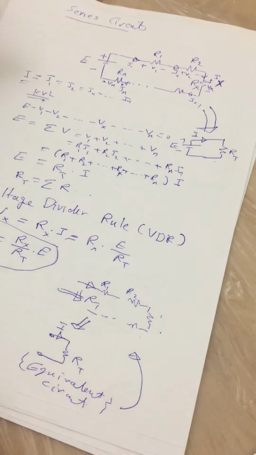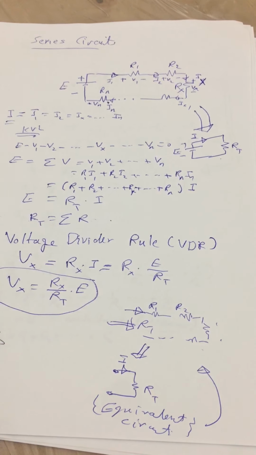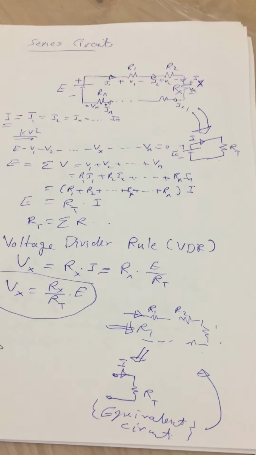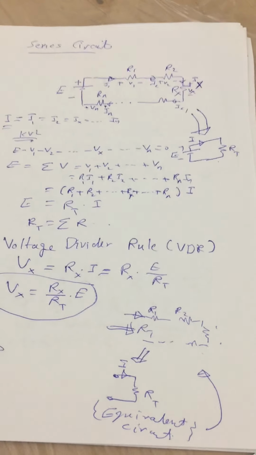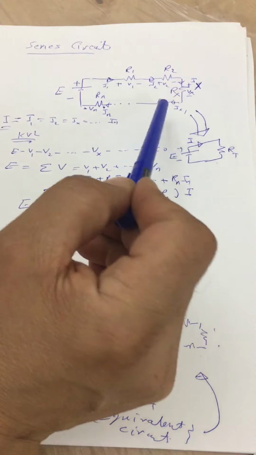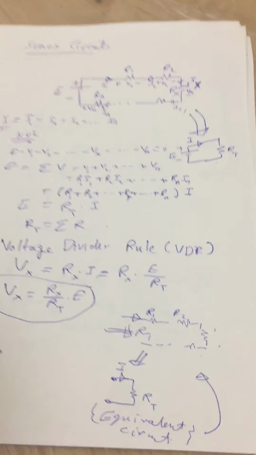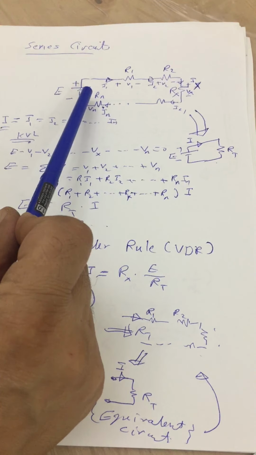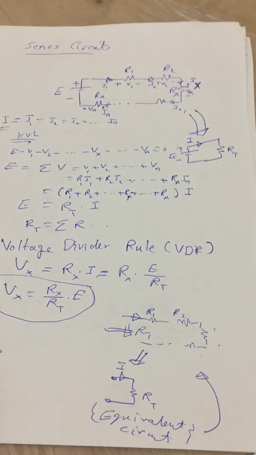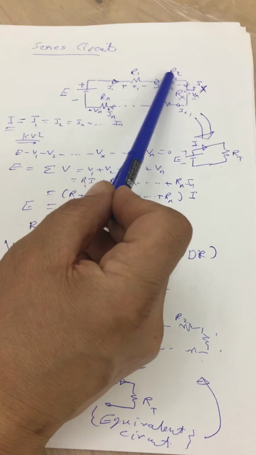Let's go to the series and parallel connections of electric circuits. So this is a series circuit consisting of R1, R2, Rx, Rn, and all together are connected to a voltage source E. A current will flow into all of them.